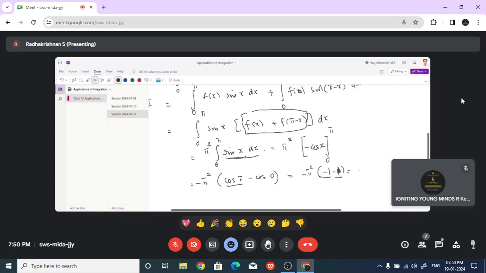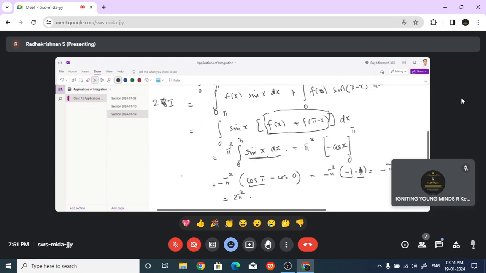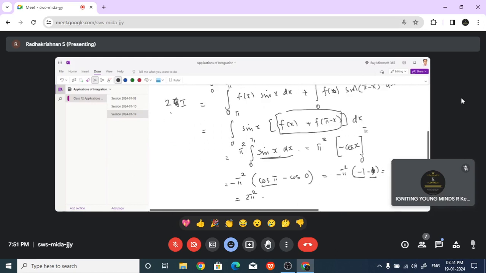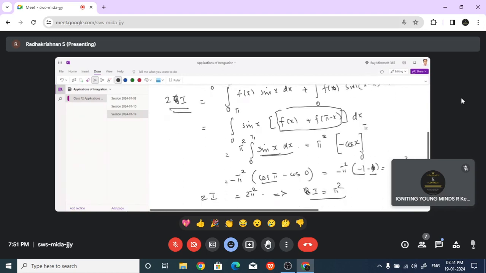So that means this is minus pi square into minus 2, which is 2 pi square. So this is what? This is not I. Okay, what is this? So what is I then? I equal to pi square is the option that you have to choose.